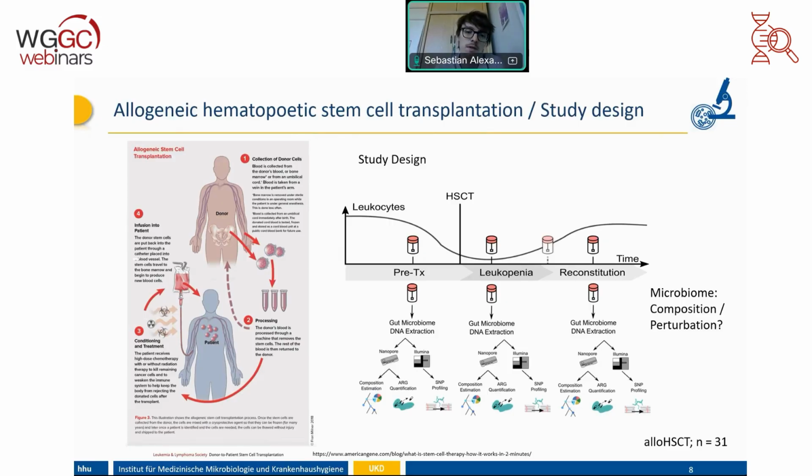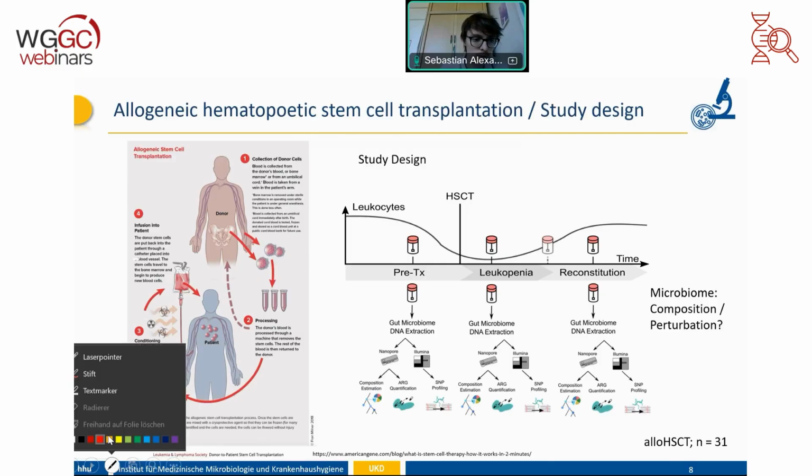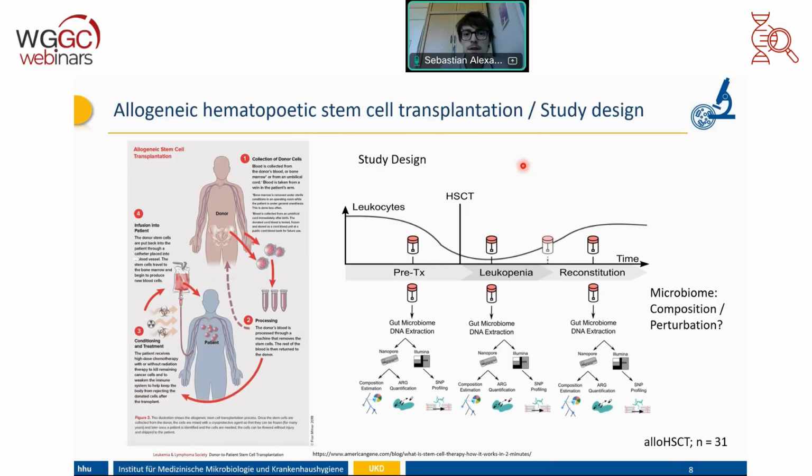system for this patient. And during this treatment, you have 3 different stages, which you can see on the right. Maybe I have also the pointer here. Yes, I have it. You have here the stem cell transplantation, HSCT. You have the phase before transplantation. You have the leukopenia phase, when the old stem cells and the old immune system of the patient is destroyed, and the new one is built up from the donor cells.